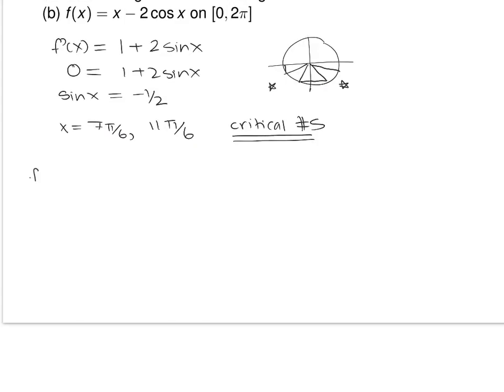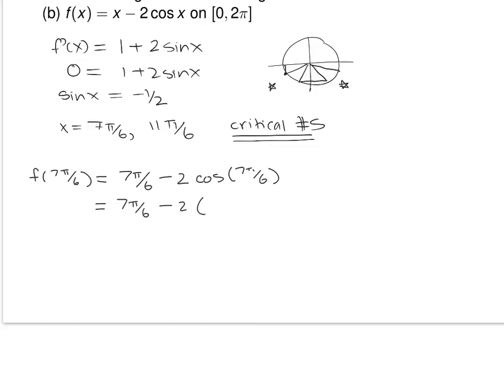Critical? Sure. We'll do f of 7 pi 6. When you plug that in, it goes in for all the x's, right? So it'll be 7 pi 6 minus 2 times cosine of 7 pi 6. 7 pi 6 is this guy, and cosine is negative root 3 over 2.